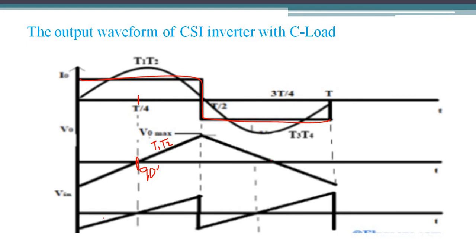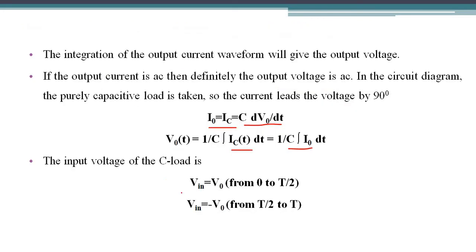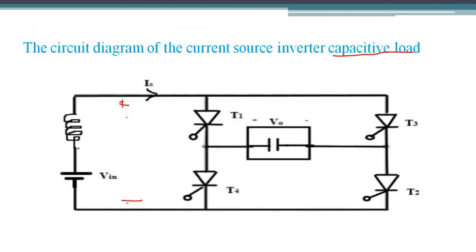Okay. And Vin, as usual, Vin is equal to V0 from 0 to T by 2. You can follow the same supply KVL between T1 and T2. When these two are operating, these two are off. If you apply the KVL for this, this is open circuit. So what will we get? Minus Vin plus V0 is equal to 0.